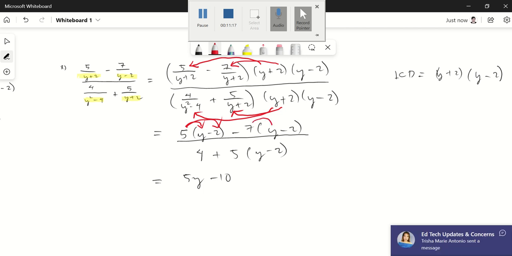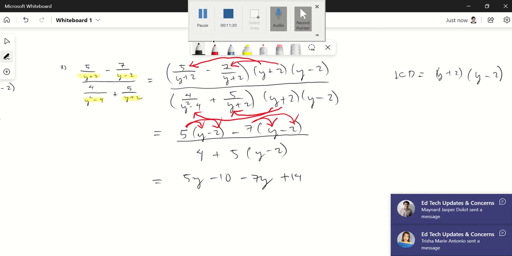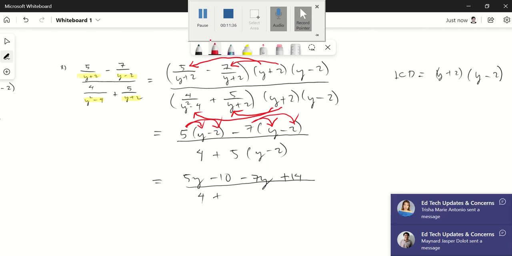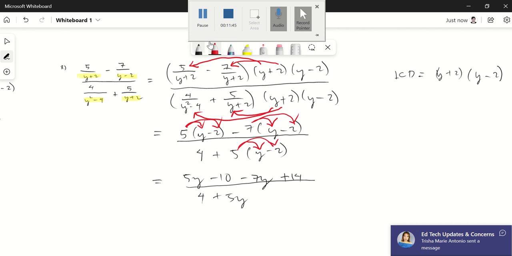So negative 7 times y will give us negative 7y. Negative 7 must be multiplied as well to negative 2. Negative 7 times negative 2 is positive 14. Then in the denominator, we now distribute the 5 to the y and negative 2. So 5 times y will give us 5y, and 5 multiplied to negative 2 is negative 10.